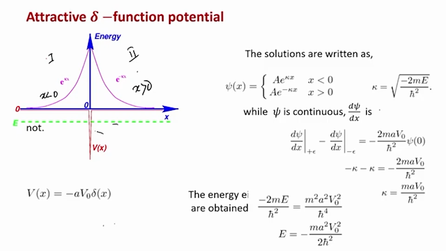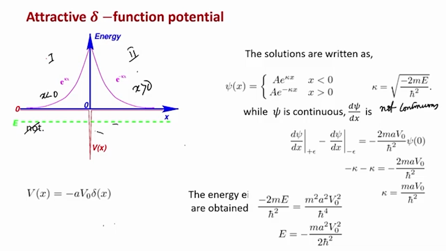Psi is continuous, but d psi dx is not continuous. So, at x equal to 0, psi is continuous, but d psi dx is discontinuous by a known amount.